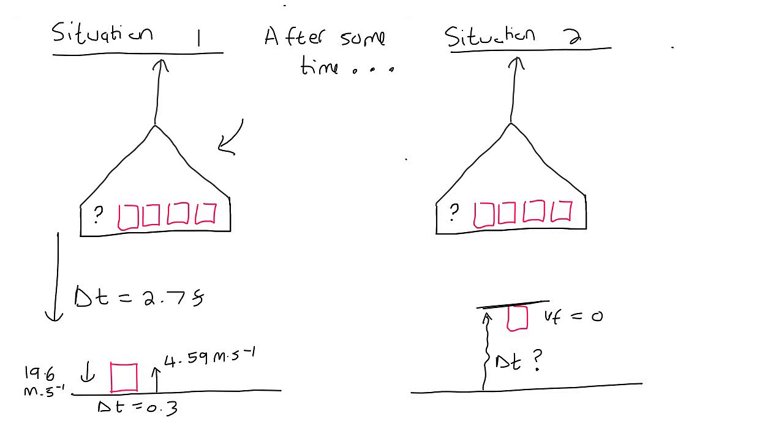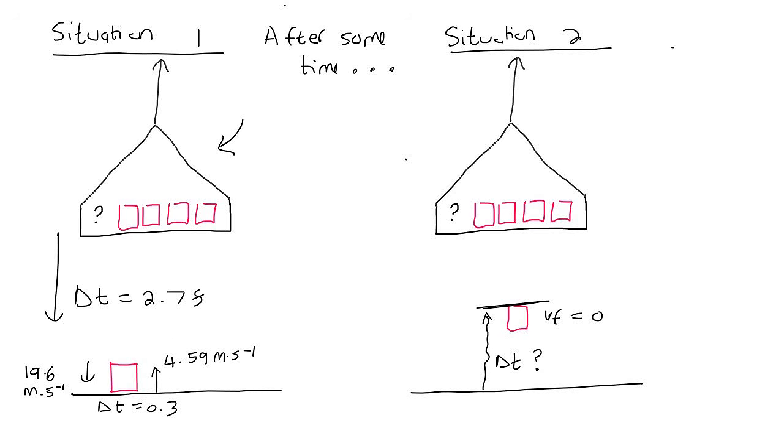It's been moving upwards while the brick was falling down, and that took 2.7 seconds. It was also moving upwards when the brick was in contact with the ground, and it was also moving upwards when the brick was moving up to its maximum height after the first bounce. So we would need to know what all of these times added together would give us, so that we can see how long the pallet has been going upwards for.